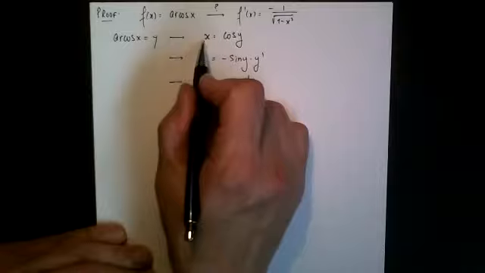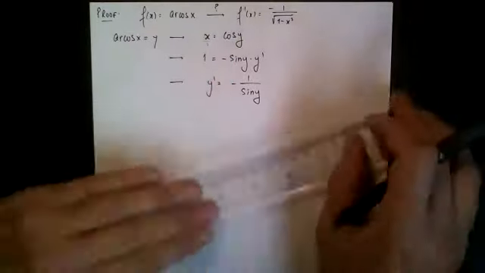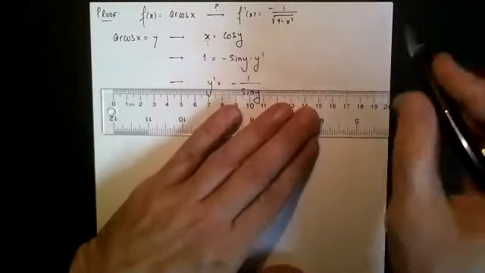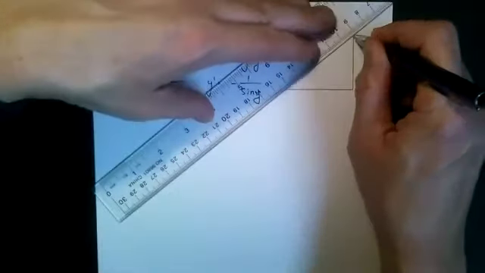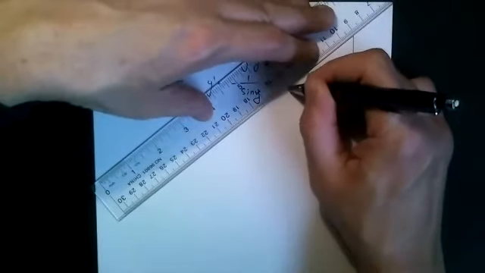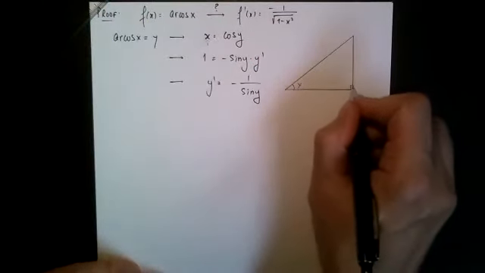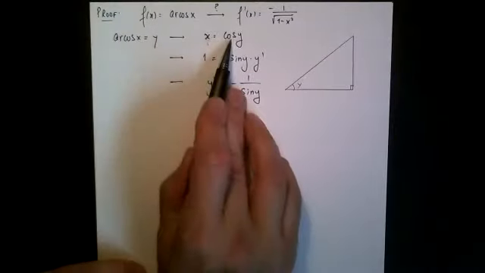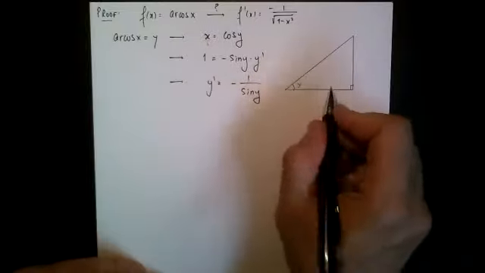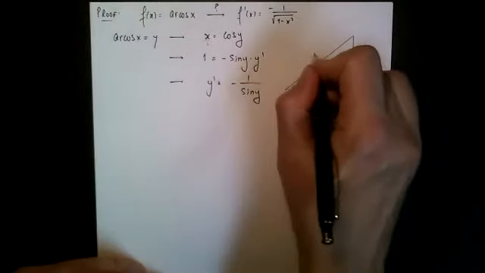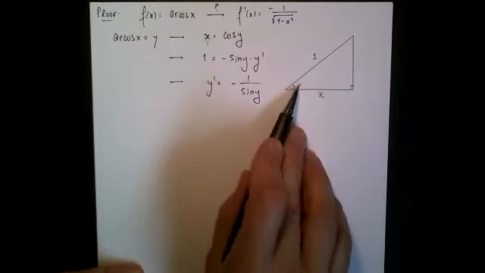Okay, so same principle. Let's do the triangle. Cos of y is x over 1. The angle is y, 90 degrees, and I see that the cosine is x over 1. So cosine is adjacent over hypotenuse, which is equal to the cos of y.